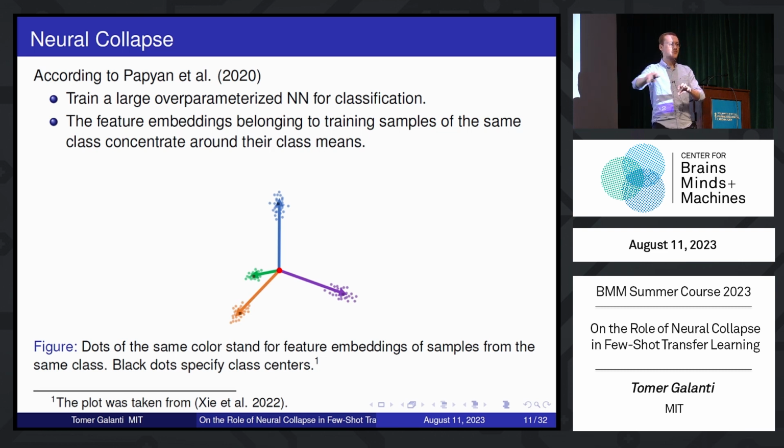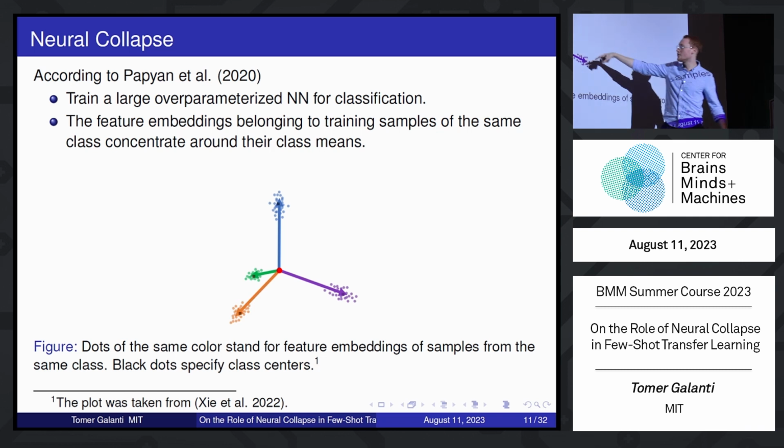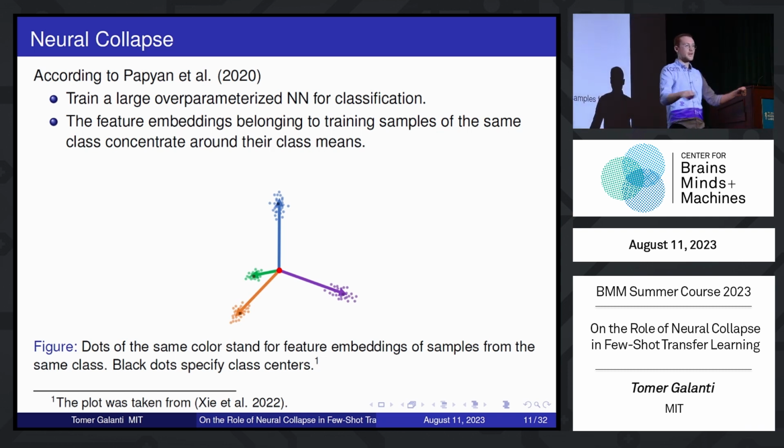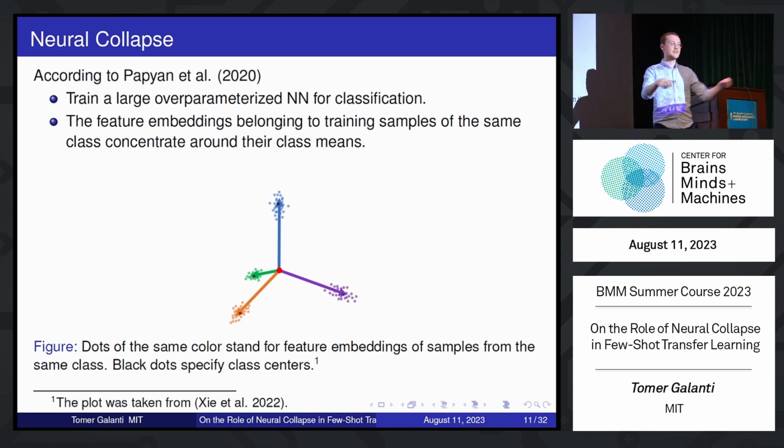So samples from one class are located in one area, and so on. So it looks like that. We have multiple classes and they aggregate in specific locations in space, and the centers are maximally distant. So it's like the Mercedes-Benz sign.